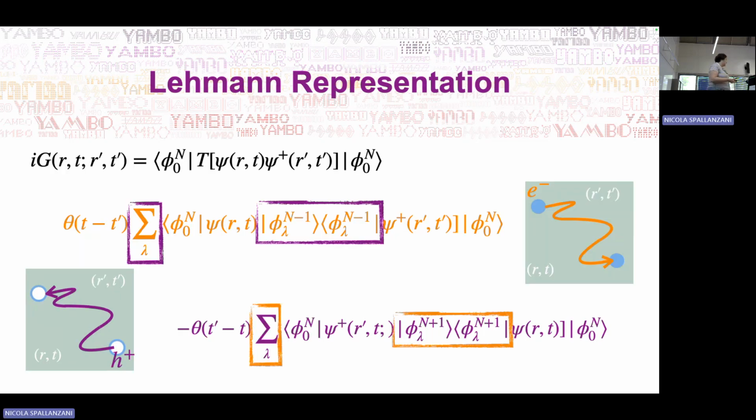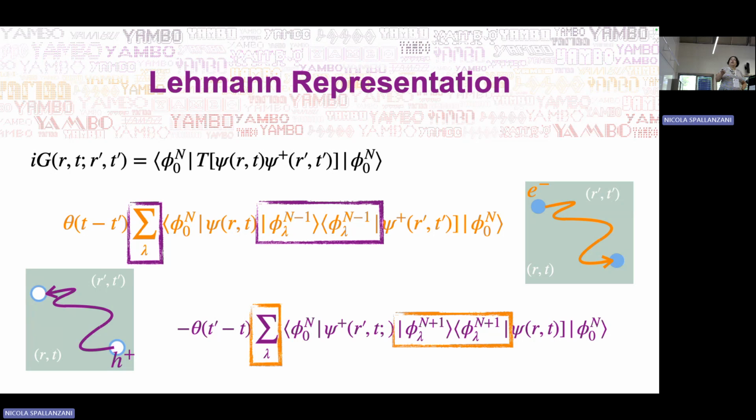So why is this time-ordered Green function useful? Because we can insert, so this is our original expression, and we can insert in the middle of these two operators, the creation and annihilation operators, the completeness identities.